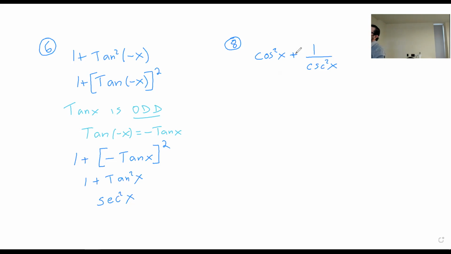There's more than one approach that we can do here. I'm going to use one approach. I'm going to turn the cosecant into sine. So cosecant is the same as 1 over sine of x. And then I'm going to join these two.